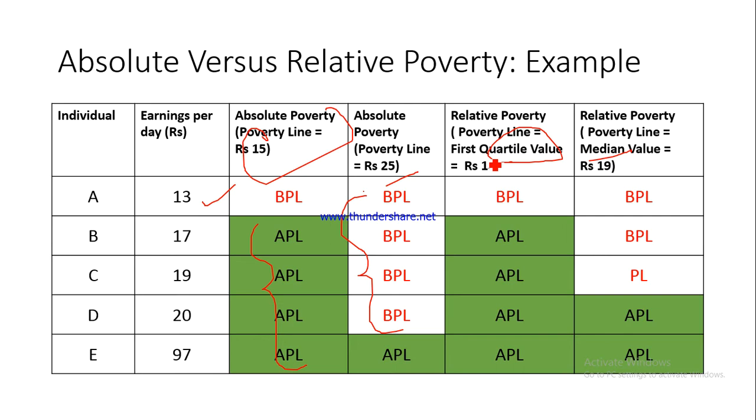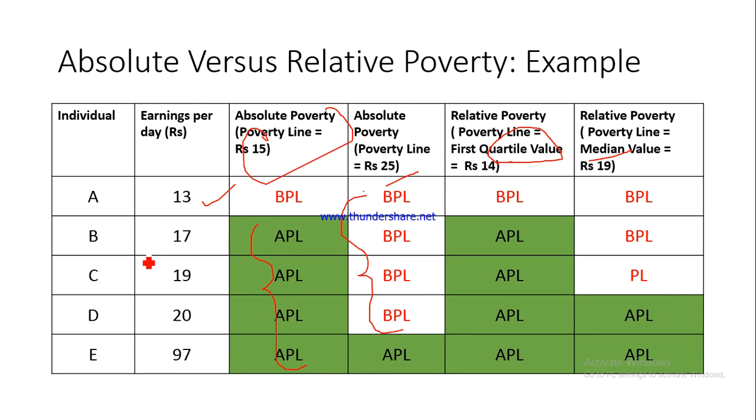Now what is first quartile value? I hope you recall your discussion from statistics for business decision, and you would understand that the first quartile is nothing but the bottom 25% in terms of their rank. Fine. So if you look at these 5, who would comprise the bottom 25%?